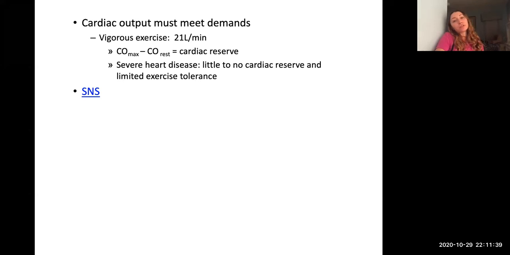So if your maximum is 21 liters and your rest is 5 liters, what would your cardiac reserve be? It would be about 16 liters as your cardiac reserve.